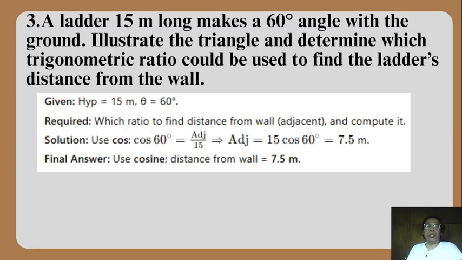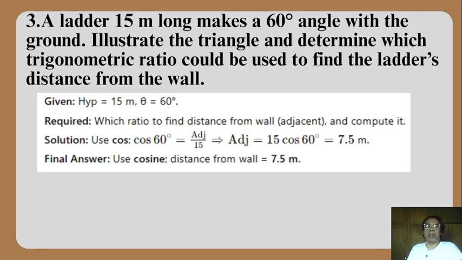So our solution, we are going to use the cosine ratio because there is an adjacent there. So our cosine of 60 degrees is equal to adjacent over hypotenuse, which is 15.